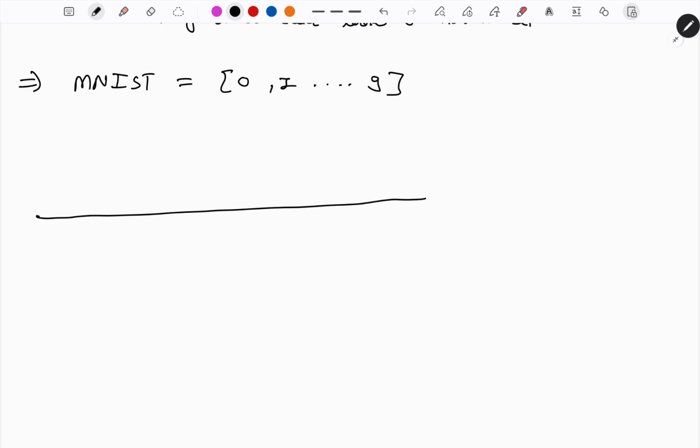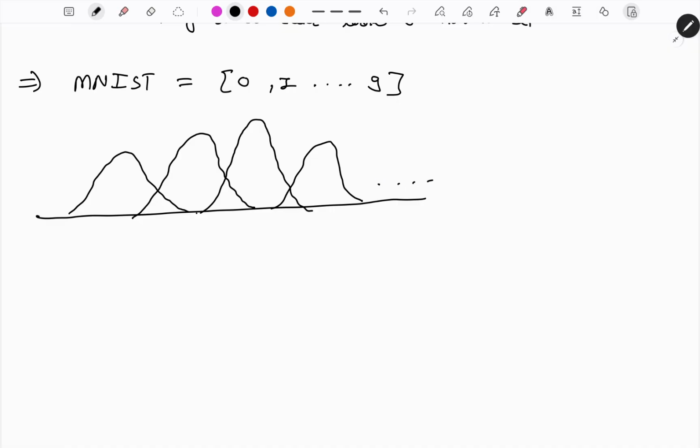So if you plot this MNIST dataset, let's say this is a distribution corresponding to some class, this is a distribution corresponding to a second class, this is a distribution corresponding to some third class, and this is some other distribution, and likewise so on.